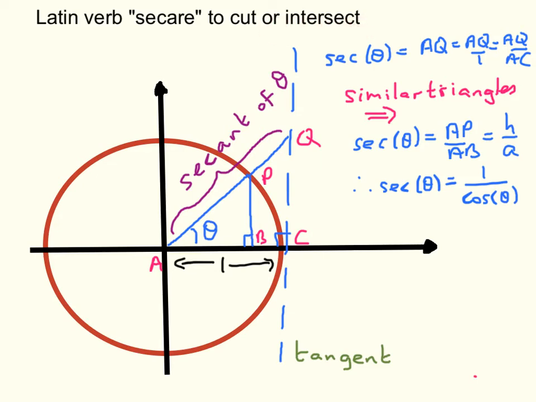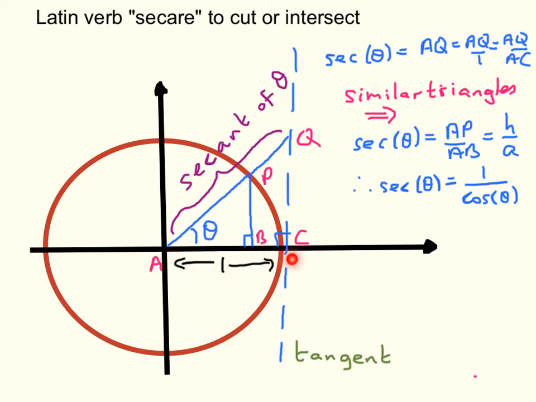So if we take again our tangent line, and we have the line of angle theta, and now I'm not just dotting this, I'm just extending it straight out until it hits the tangent line, then this line crosses, intersects or cuts the circle here. And the length going from the origin all the way to where you hit the tangent line is the secant function. It is the length of the line that cuts or intersects the circle.